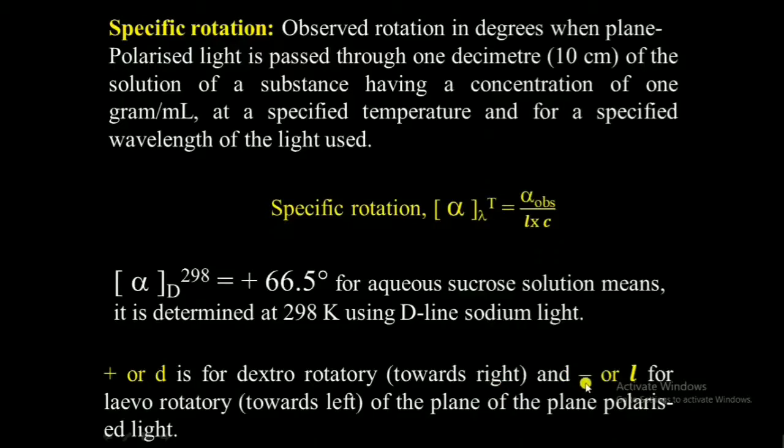The minus sign or small letter l is for levorotatory, which means the plane is rotated to the left. If one optical isomer rotates the plane of plane polarized light towards the right, its other isomer will rotate it to the left to the same extent, when expressed as specific rotation.